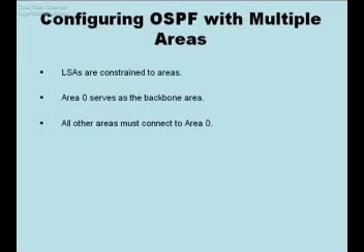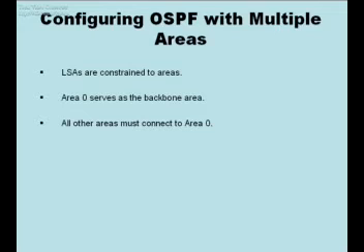In other words, if I had a router and one of its interfaces belonged to area 0 and another interface belonged to area 1, that would be fine because area 0 was present on that router. Or if another router had all of its interfaces in area 1, that would be fine because there would be an area border router, an ABR, that connected area 1 back to area 0.